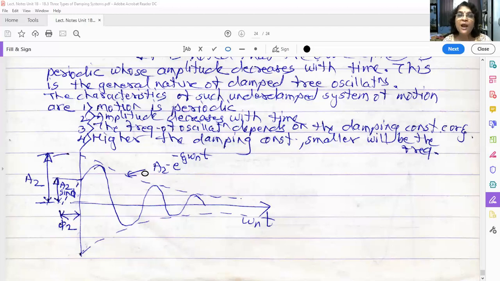How to find out this reduction, we are going to study in the next lecture, and that term is known as logarithmic decrement. It is a very important topic in underdamped free vibration, which you will need to study in unit number 2, that is forced vibration, and also in unit number 3, that is 2 DOF system.